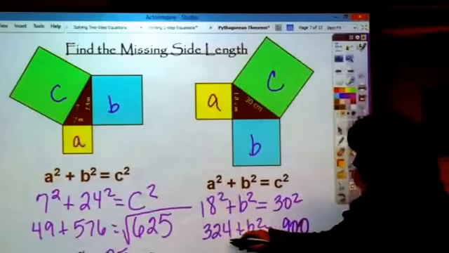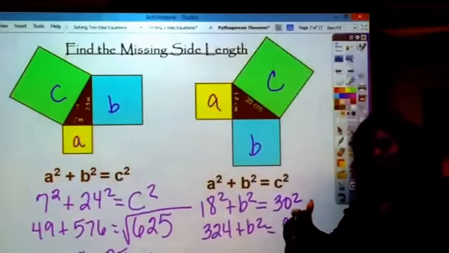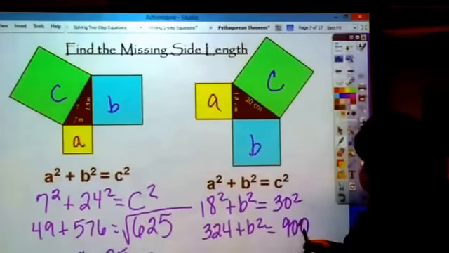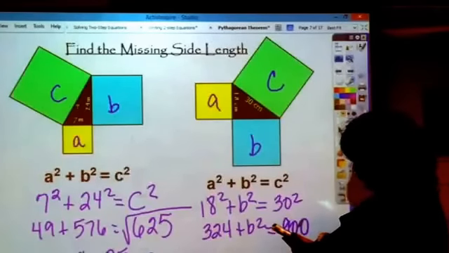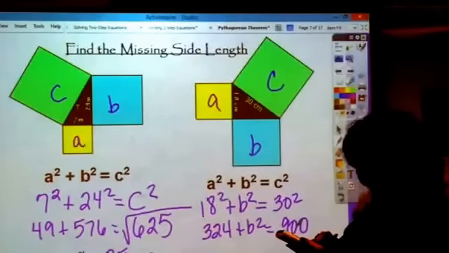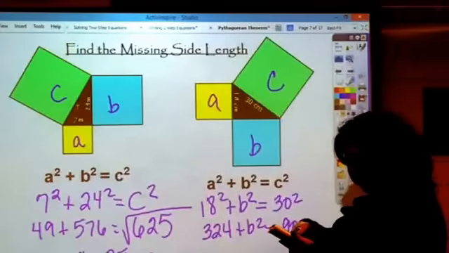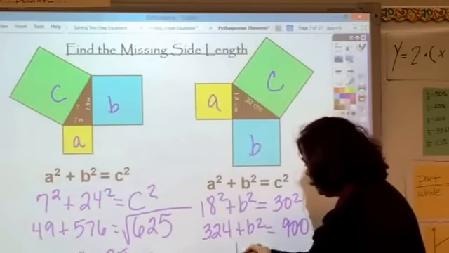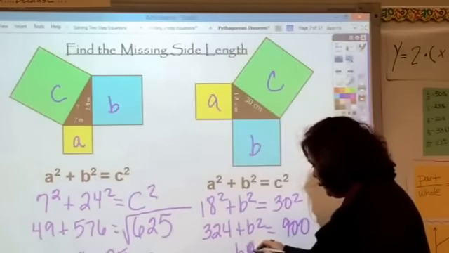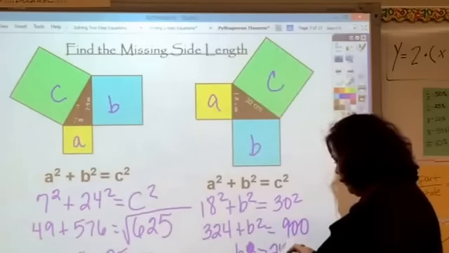Now to find this missing one, I need to work it like an equation. I need to take this from 900. So I'm going to subtract 324, and I get 576, and then I want to take the square root of 576, which equals 24. So B equals 24.